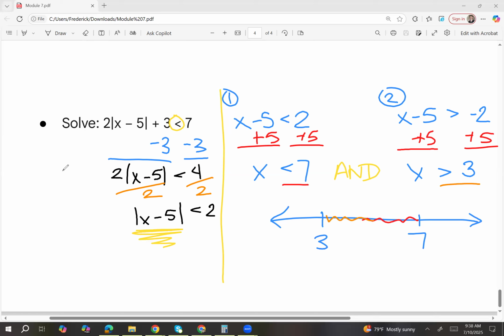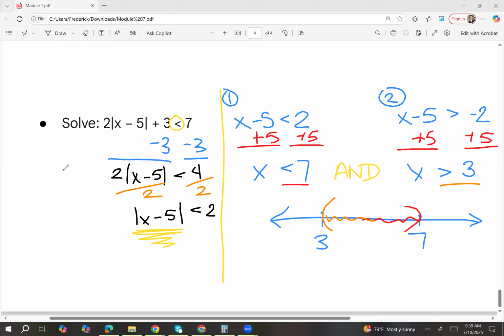Notice how in this example, we're finding a region in which they agree. When that happens with an "and" case, that's when you have something to express, that it's not just an empty set. Let's talk about what we need. If it's greater than 3 with no equal bar underneath, then there needs to be a paren next to the 3. If it's less than 7 with no equal bar underneath, then it's a paren on the 7.